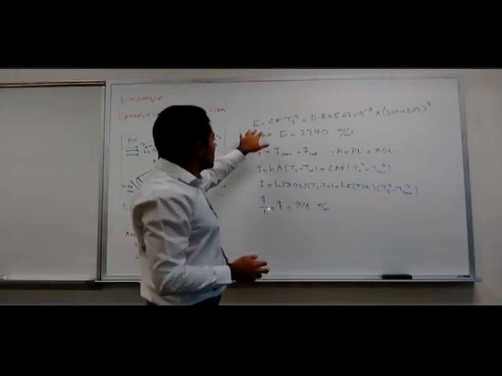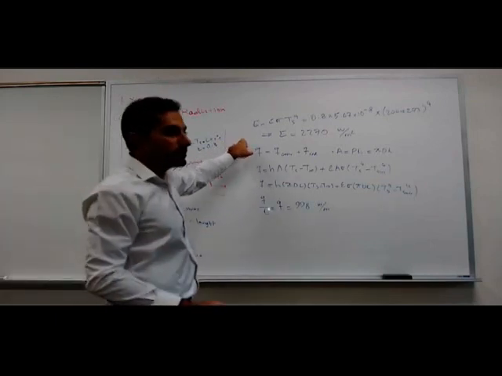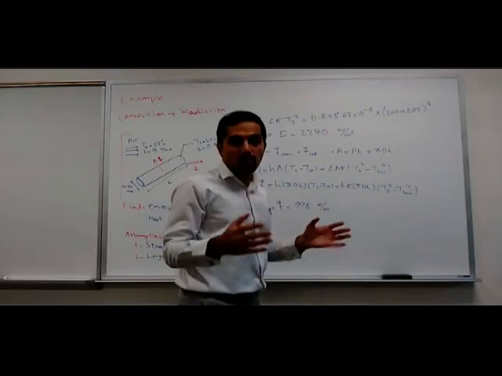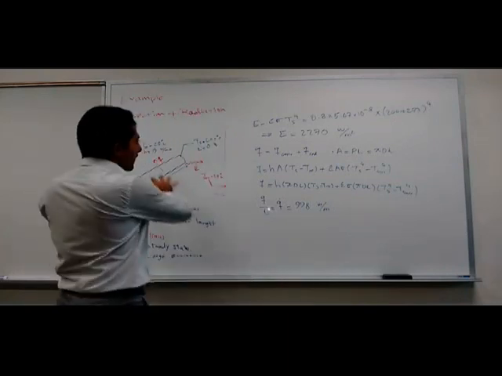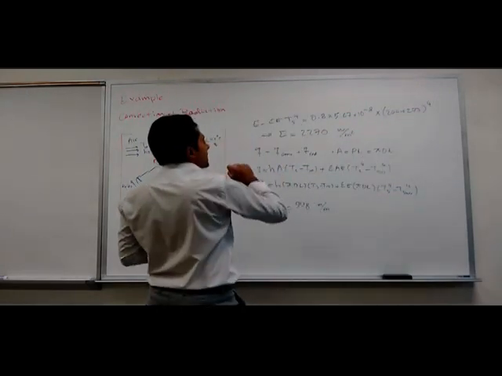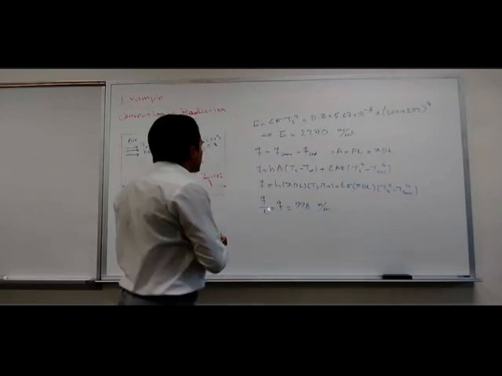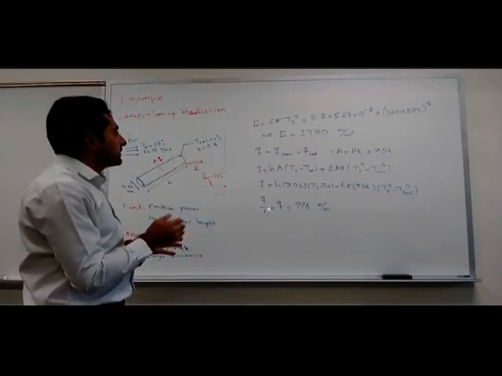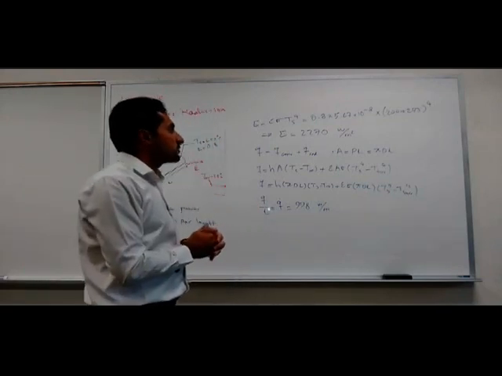To calculate the emissive power of the pipe, we need to use the Stefan-Boltzmann law. If you plug in all of the known parameters here, you can find that the emissive power is equal to 2270 watts per meter squared.